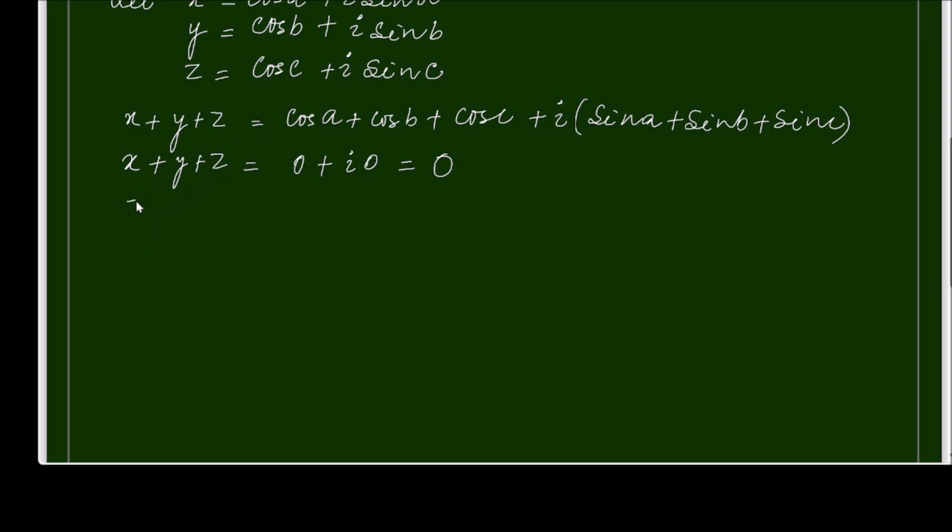Again, if Z is a complex number, that is cos alpha plus i sin alpha, then its multiplicative inverse 1 over Z is equal to cos alpha minus i sin alpha.